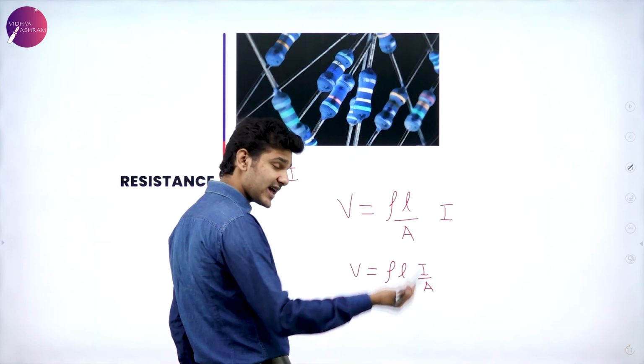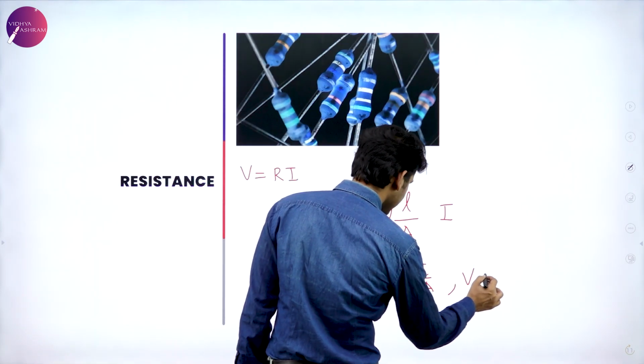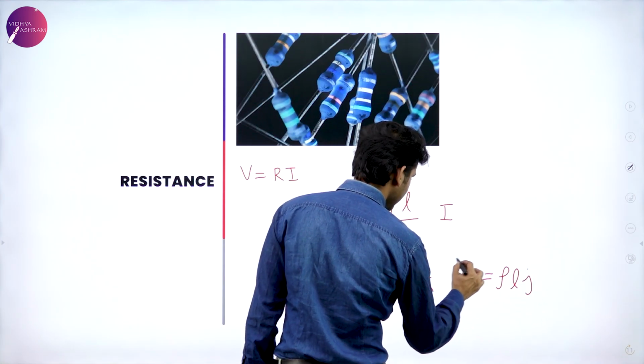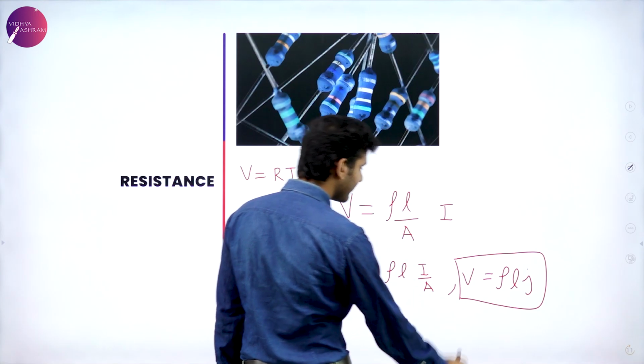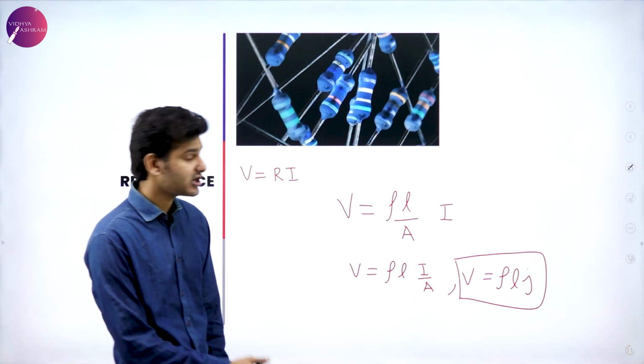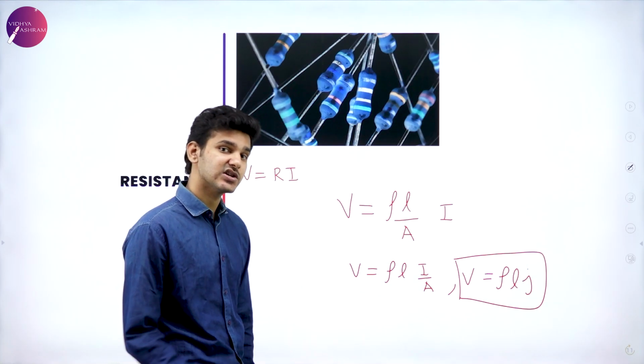So we can write it as V is equal to rho L J. This is one more way of representing Ohm's law in terms of current density and resistivity.